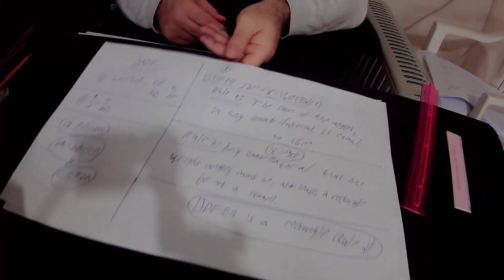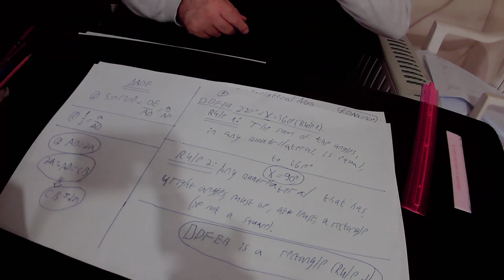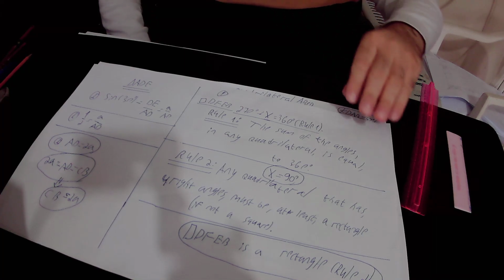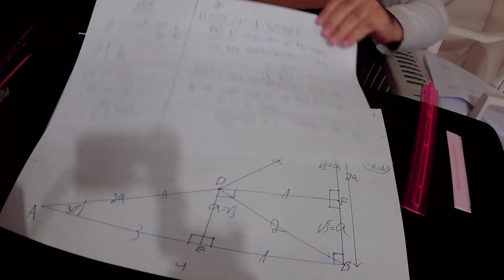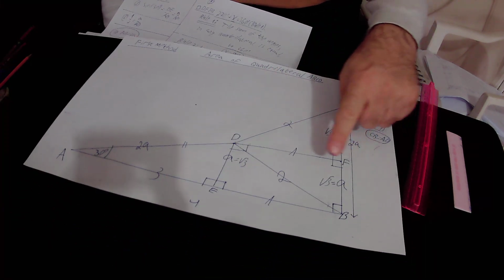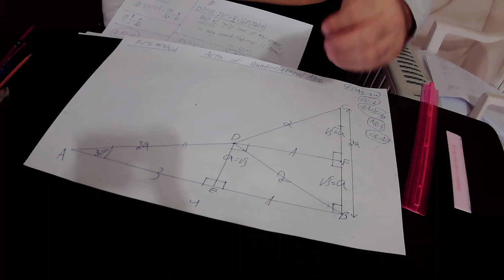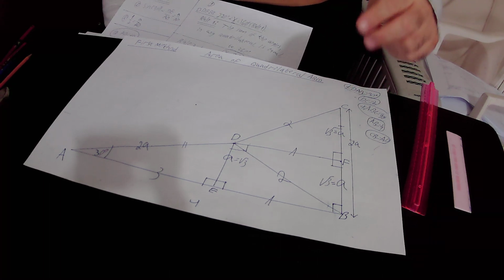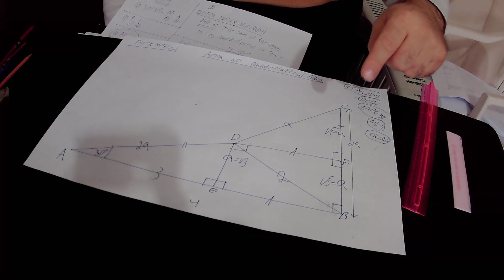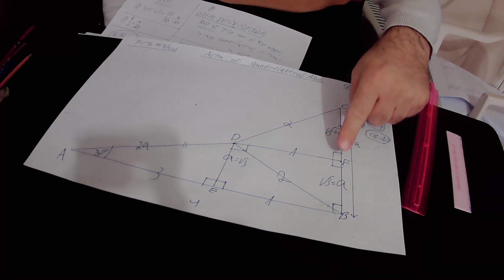According to rule number 1, the sum of the angles in any quadrilateral is equal to 360 degrees. So if we focus on quadrilateral DFEB, the sum of its angles must be equal to 360 degrees. Quadrilateral DFEB has three right angles, 1, 2, 3.